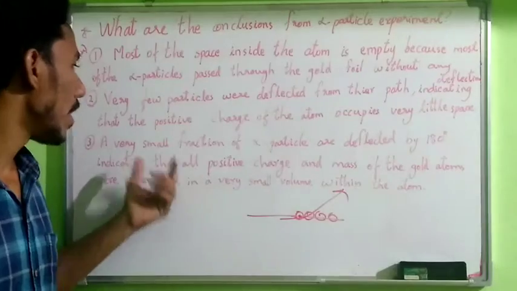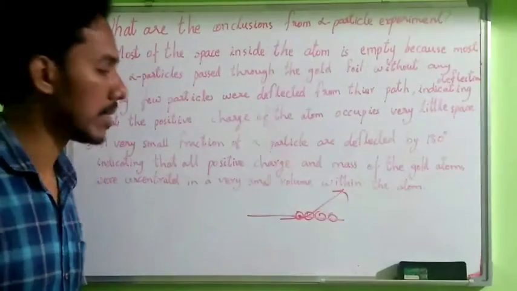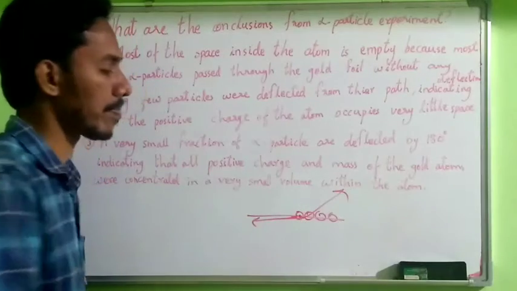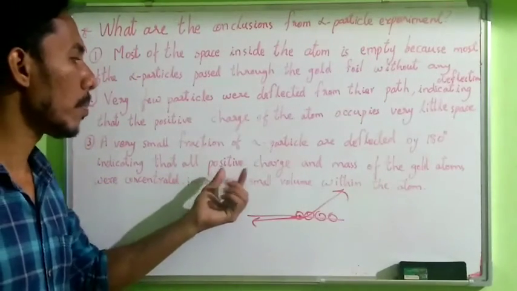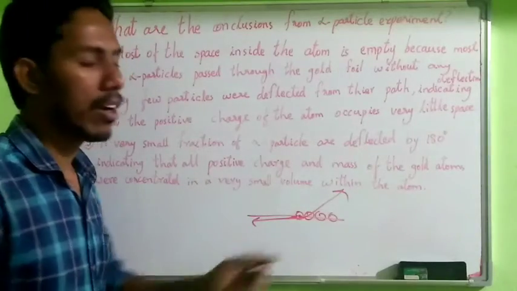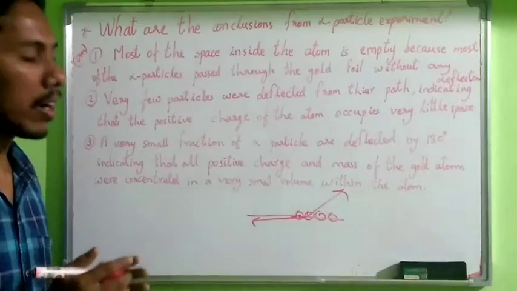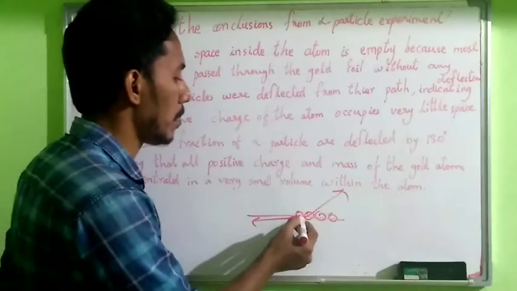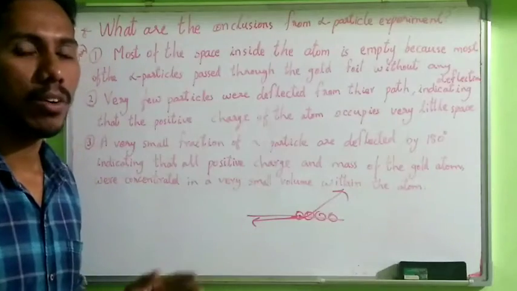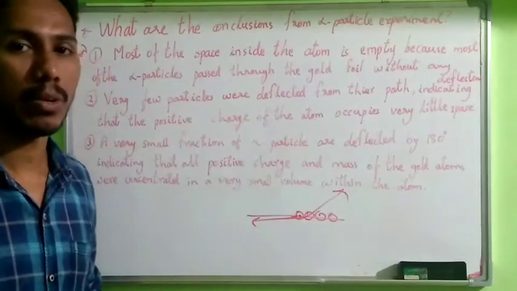Then a very small fraction of alpha particles deflected by 180 degrees. That means they deflected back. It indicates that all the positive charge and mass of the gold atoms were concentrated in a very small volume within that atom. The small space holds the whole charge and mass. That is the conclusions made by Rutherford.